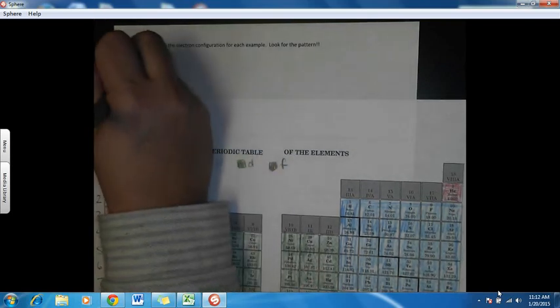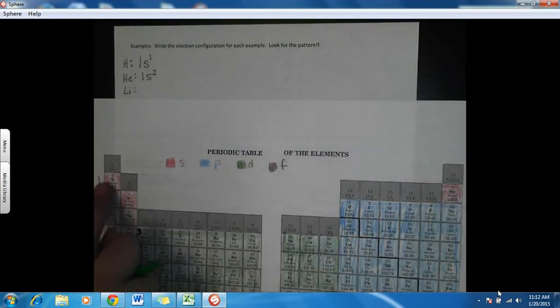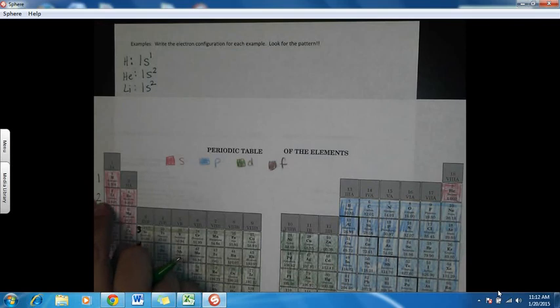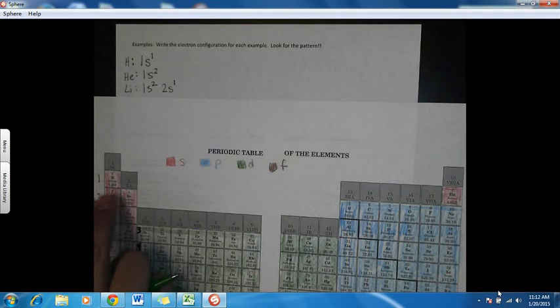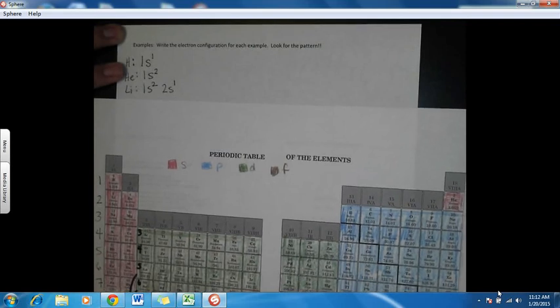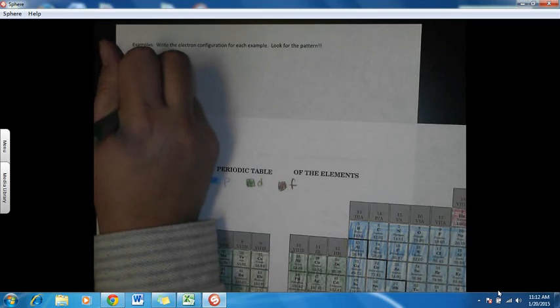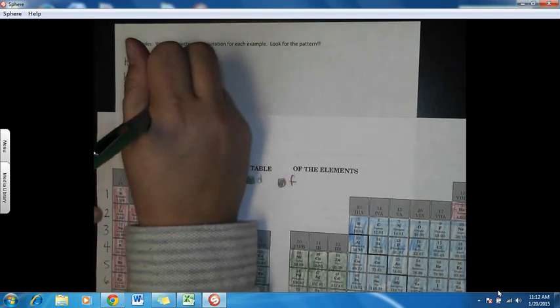So now when we go down here to lithium, which has 3 electrons, the first 2 live in that first energy level, just like helium, 1s2, but then the third one is in the second energy level, so it's going to be 2s, and it's at first position, 1. Alright, beryllium, right next to lithium, has 4, and it would have those 2 in the first energy level, and then it'd be 2s, and since it's the second one, it'd be 2s2.